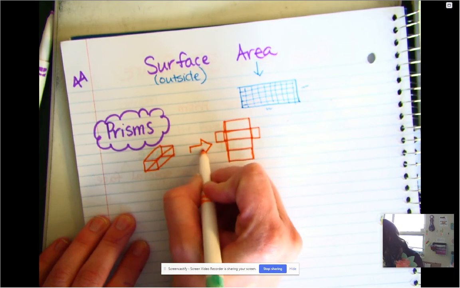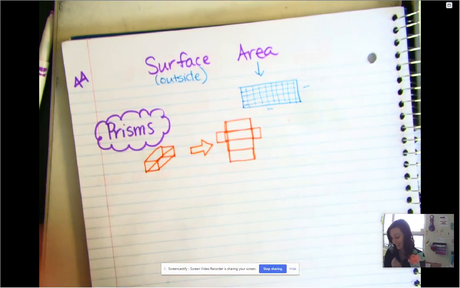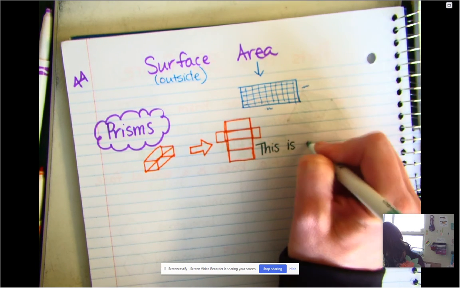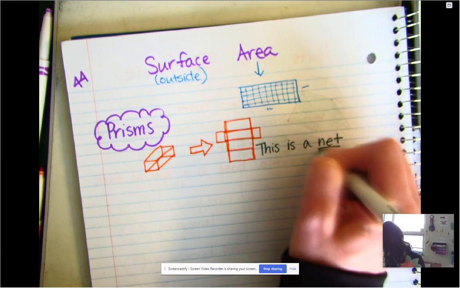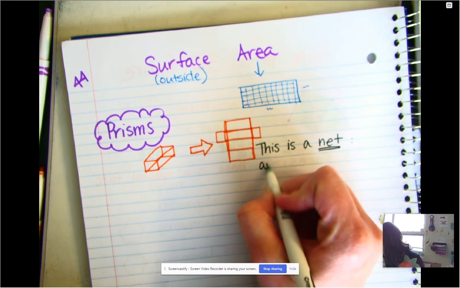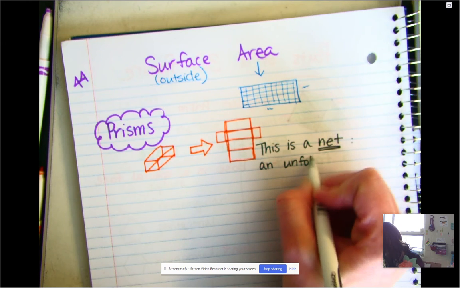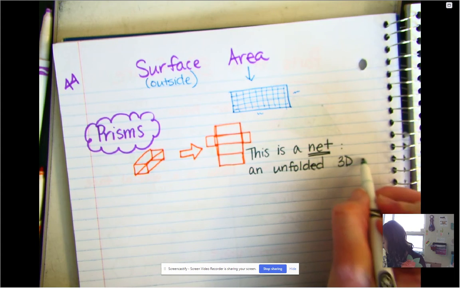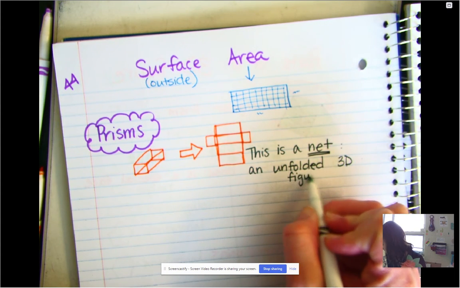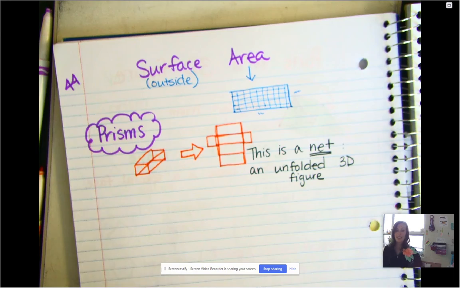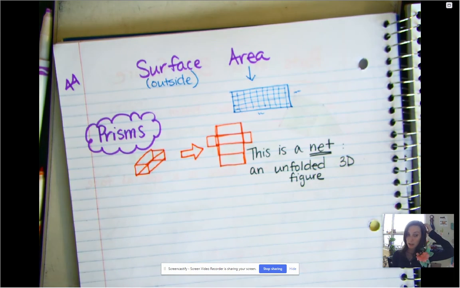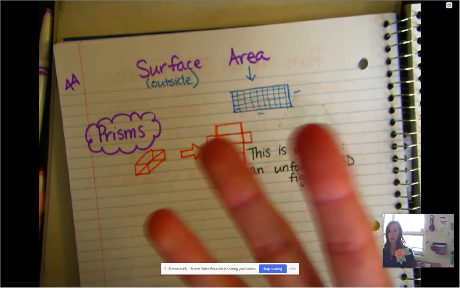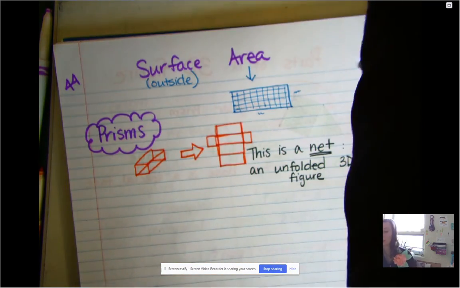Then when it turns into something like this, this is a net. Nets are very helpful when we are learning about surface area, because instead of having to hold a figure and measure it, we can look at things in terms of what they look like when they're flattened out.